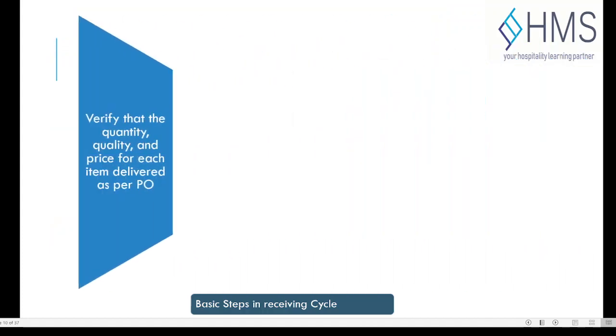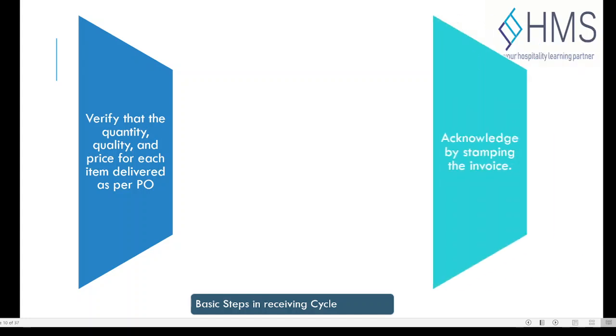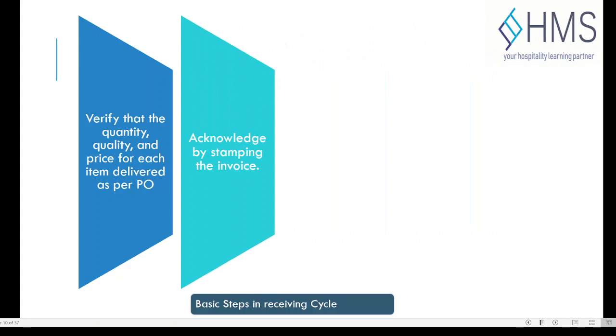Then in receiving, usually we verify the quantity and price of each item as per the PO, and then acknowledge it by stamping the invoice. Now, this is again an important aspect.